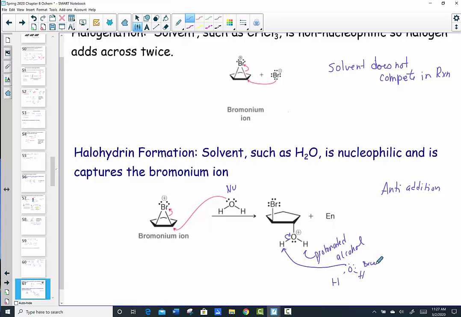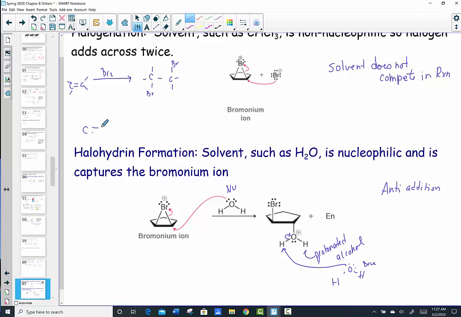Now, if you do not see water on the arrow, bromine adds twice. So when I see this, let's just have a double bond, and I see just bromine. So you will end up adding bromine twice, and it would be in an anti position.